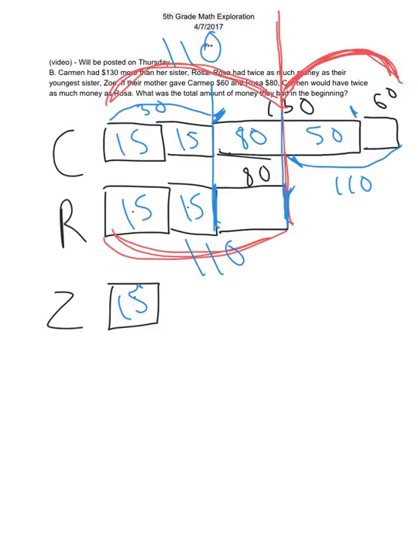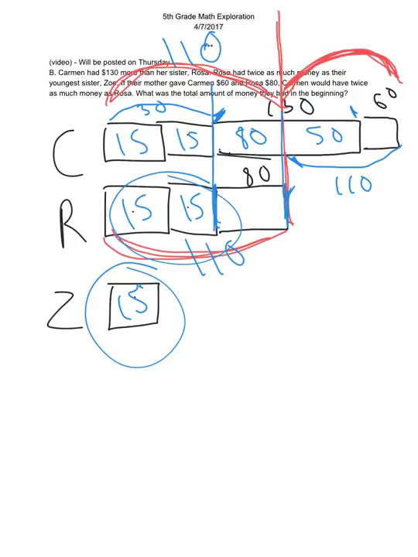Now, they want to know what's the total amount of money they had in the beginning, all the way back at the beginning. So we've done all this work just to figure out how much money they had in the beginning. Well, Zoe, in the beginning, 15 bucks. Rosa had a grand total of 30 in the beginning. Well, that's 30 plus 15.